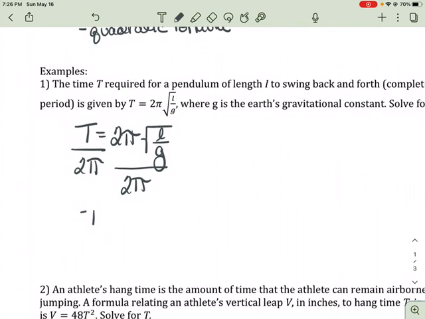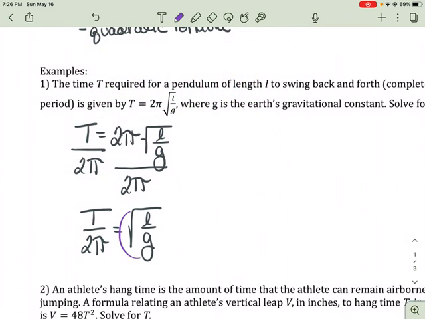So we get t over 2 pi is equal to the square root of L over g. Sometimes you might not be able to divide, so you can square the 2 pi, or whatever's in front of your radical, when you square both sides. So you are allowed to do that.